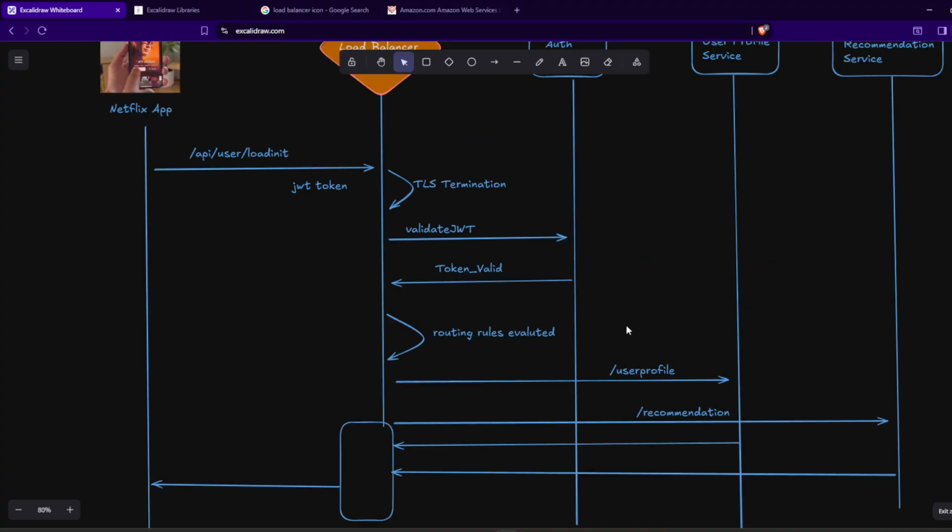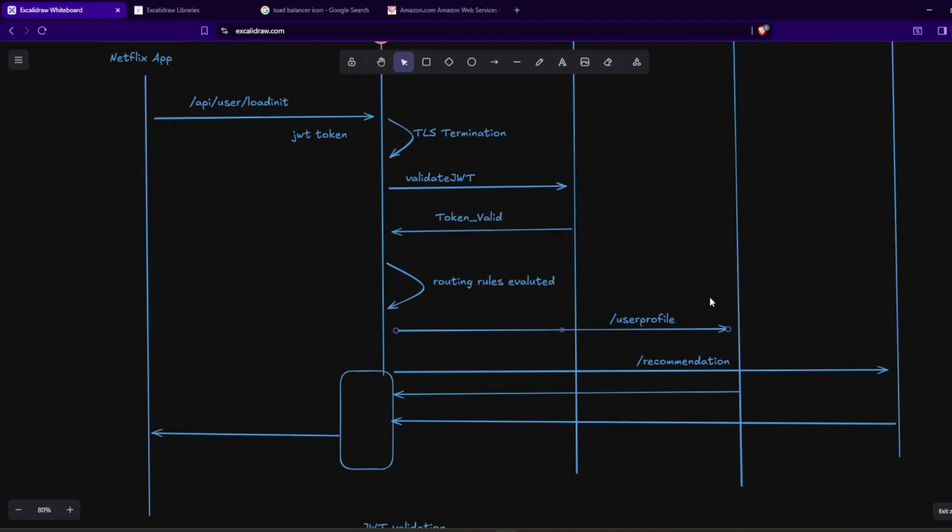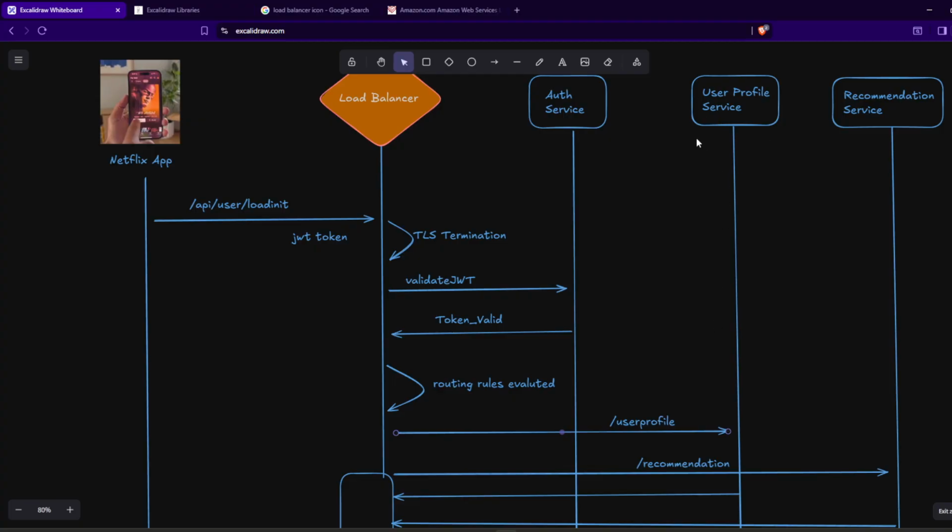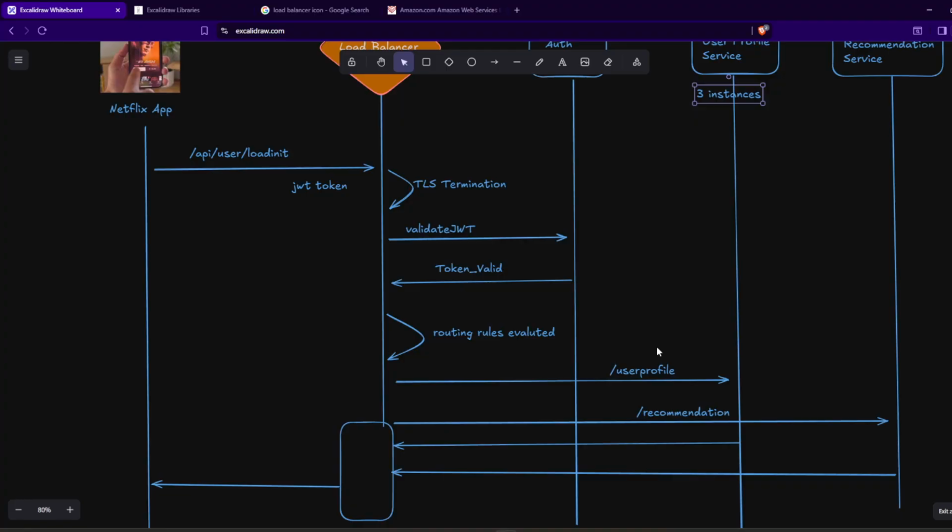Before forwarding to the user profile, it will see that if the user profile service, suppose, has 3 instances, then based on multiple algorithms like round robin or some health check, it determines which is the best instance.